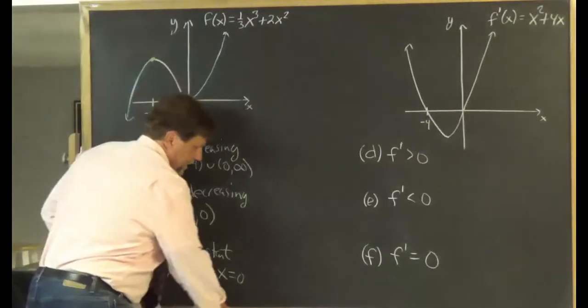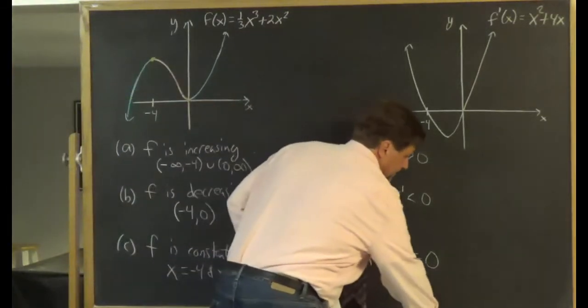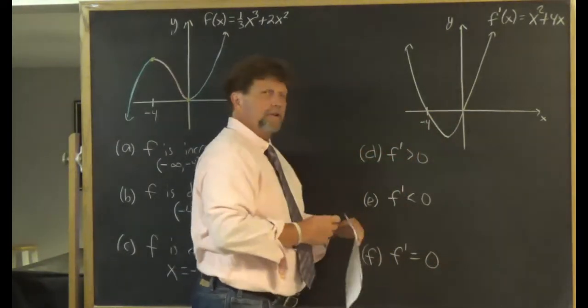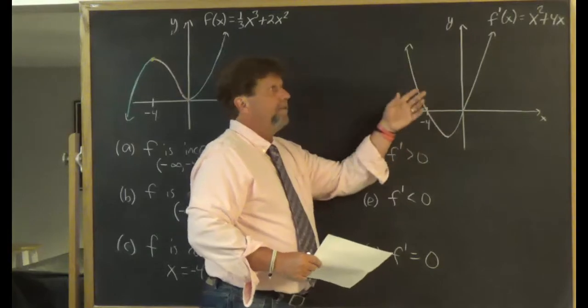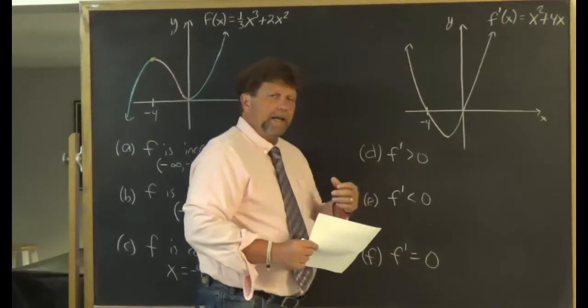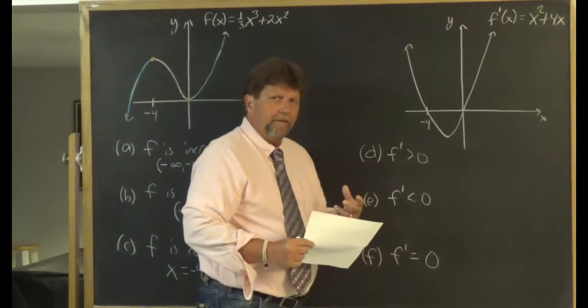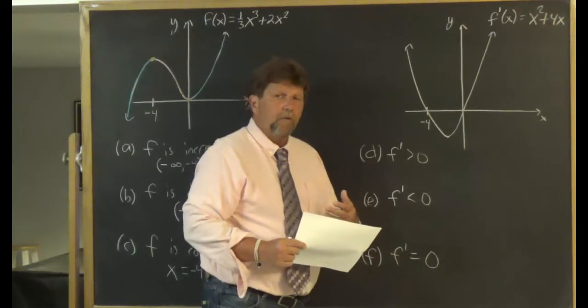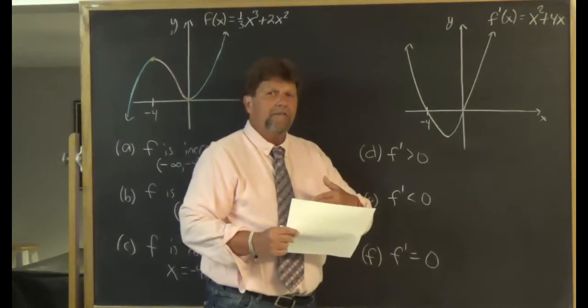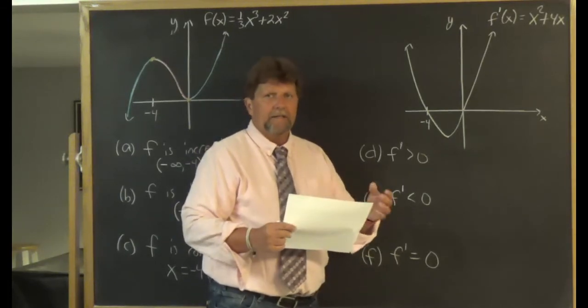So let's come over here and answer parts D, E, and F for the derivative. Here's the graph of the derivative of that function. Part D, where is the derivative greater than 0? Graphically, something is greater than 0 where the graph is above the x-axis.